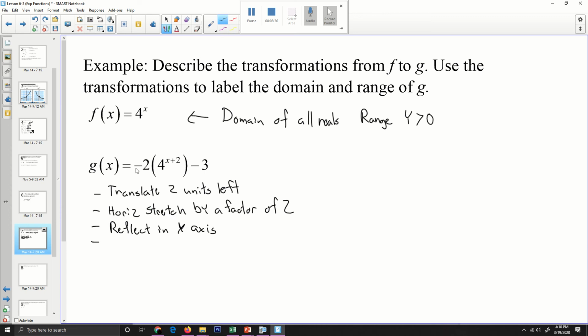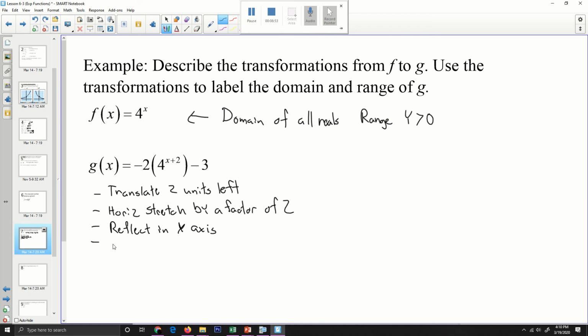And we're multiplying the function by -1, so we're multiplying the y values by -1, so that's going to reflect the y values, meaning positive y values become negative y values, so it's a reflection in the x-axis.